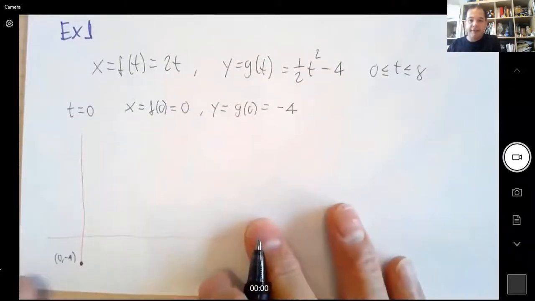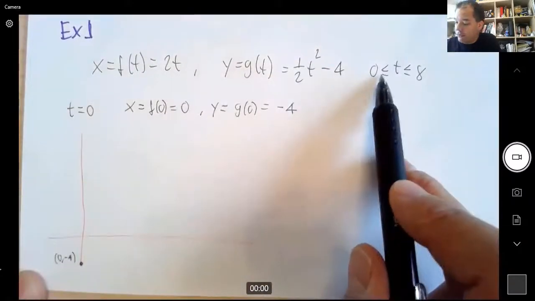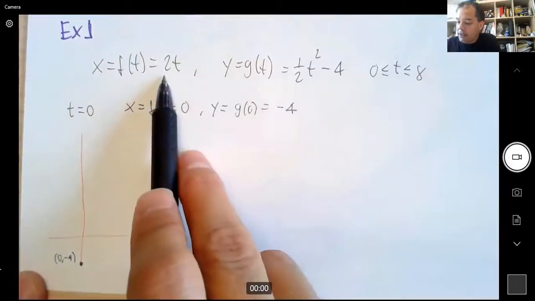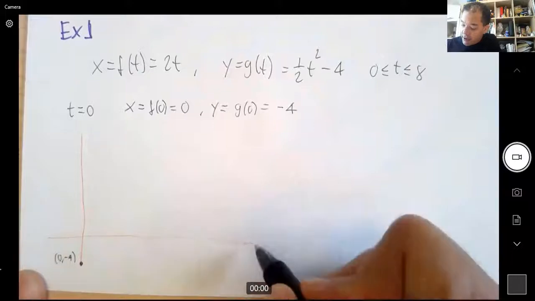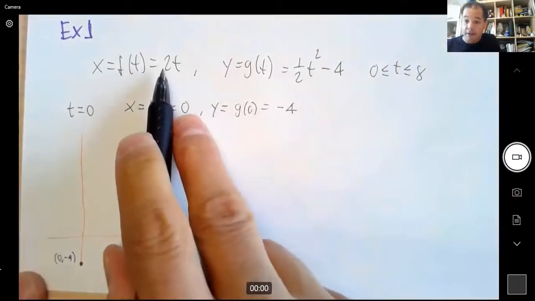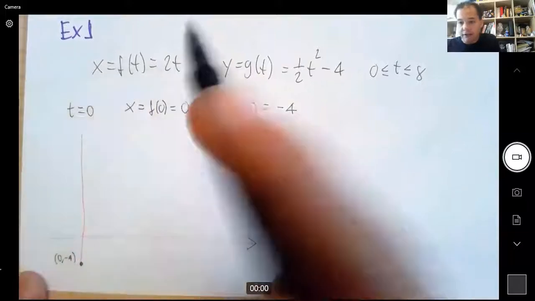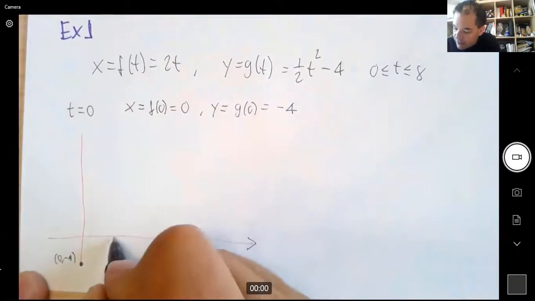Now, as the time moves on, as t goes from 0 to 8, see what's happening. The x coordinate is advancing in the x direction at 2 times t. So t equals 1. After 1 second, let's say that t is measured in seconds, the x will be 2. So x is going to be somewhere here at 2.